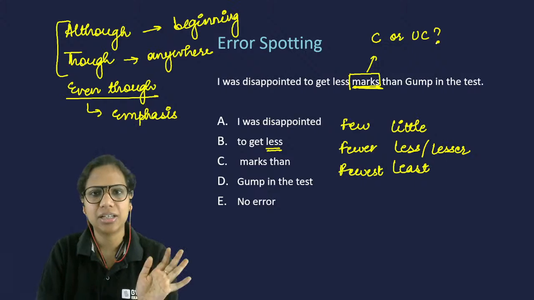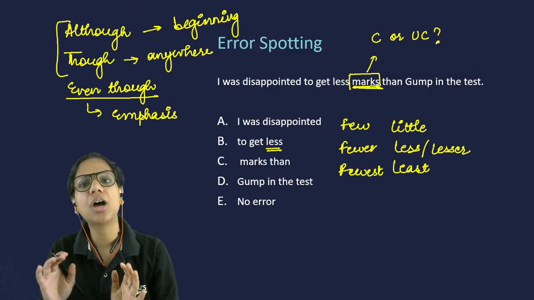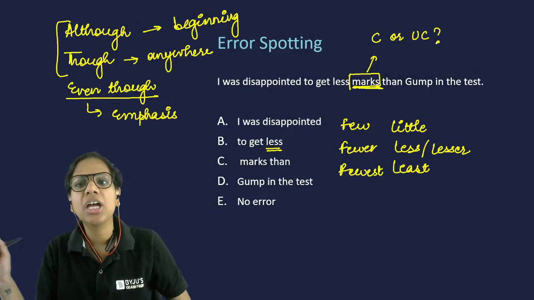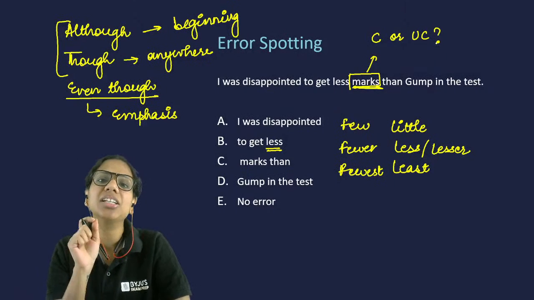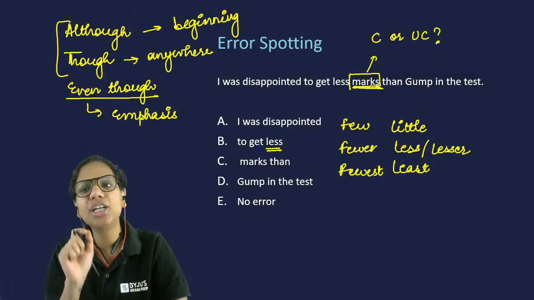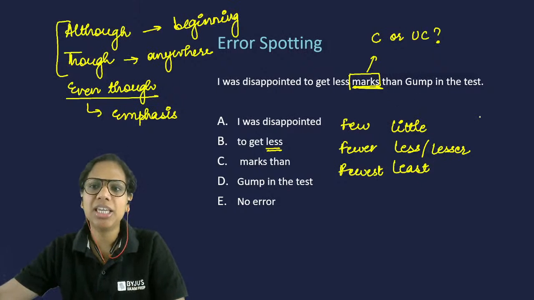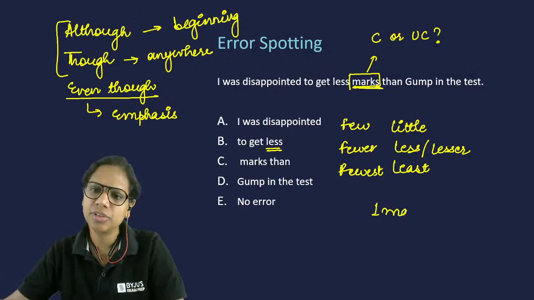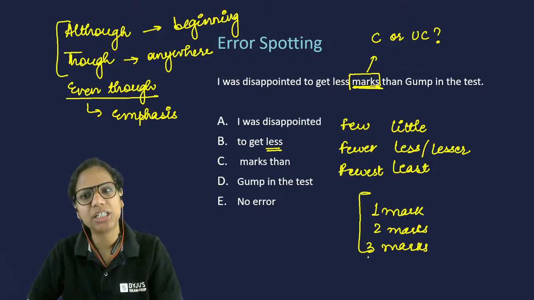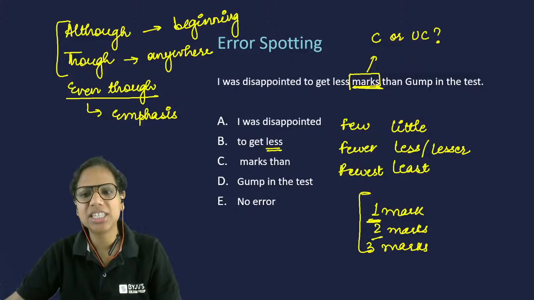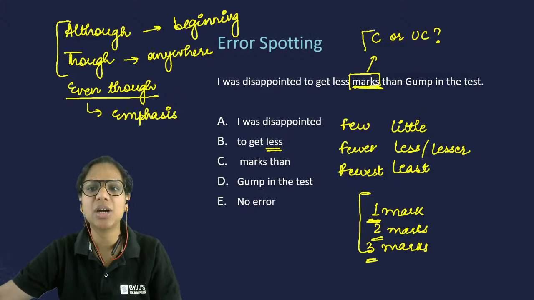A simple hack to identify whether a noun is countable or uncountable: just see whether you can directly assign a number immediately right before that noun. Can I say 1 mark, 2 marks, 3 marks? I can say this, very conveniently. The moment you can say this, it means that your noun is countable, not uncountable.